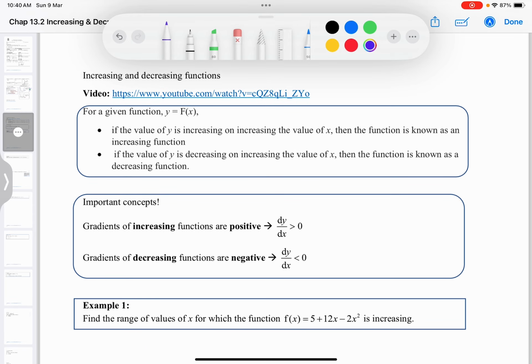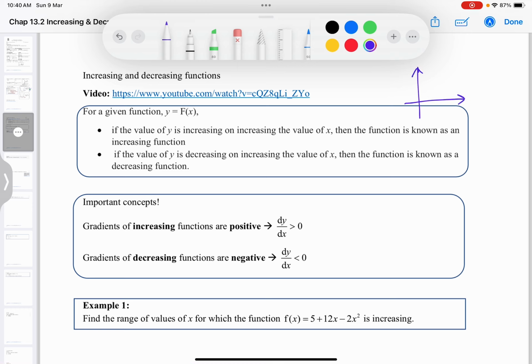Okay, so as you watched in the SLS video, a function is known to be an increasing function if y increases when x increases. And a function is known to be a decreasing function when y decreases when x is increasing. So one example of what an increasing function is, it will look like that.